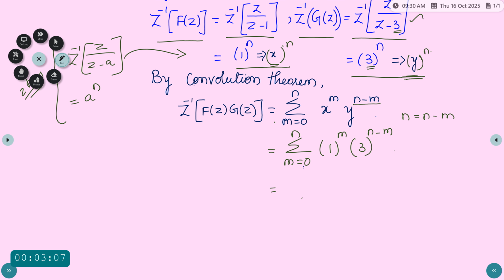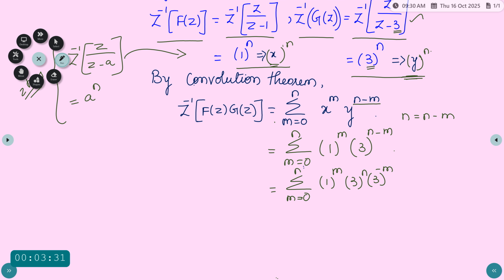Next, I am going to split this as a summation, m equal to 0, m equal to 1, m equal to 2, etc. up to n. This can be written as summation m equal to 0 to n of 1 power m times 3 power n and 3 power minus m.